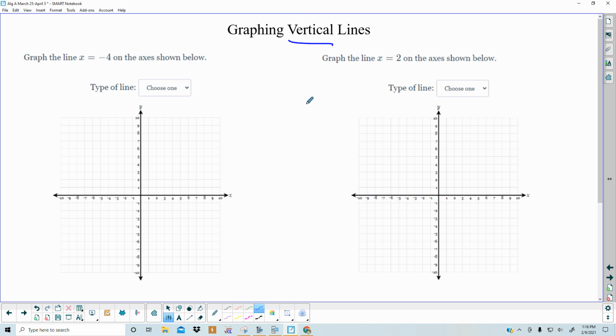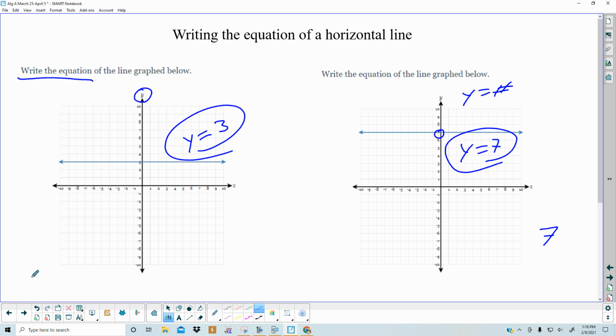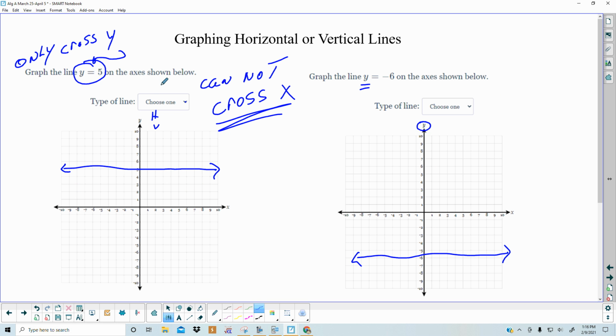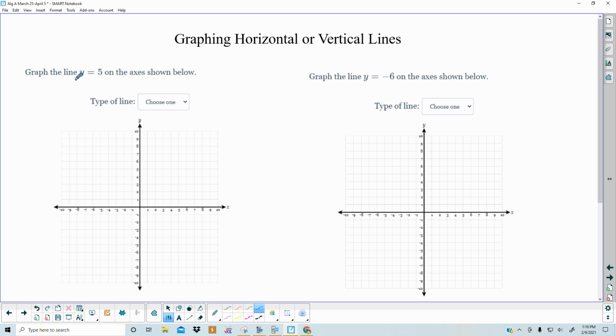Vertical lines. Again, notice it only has an x, so it can only cross the x. So it's crossing the x somewhere. If it only crosses the x, then it only has an x. These ones were y equals. They only had the y, so they only touched the y.